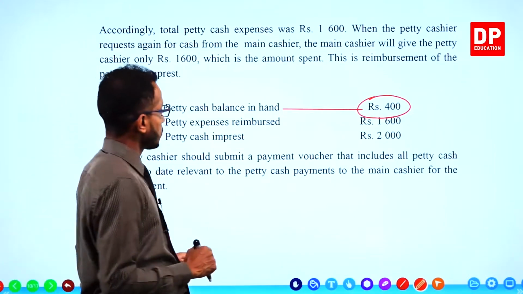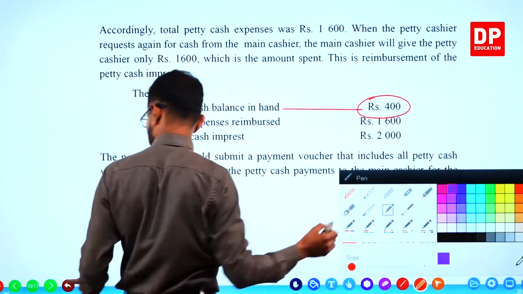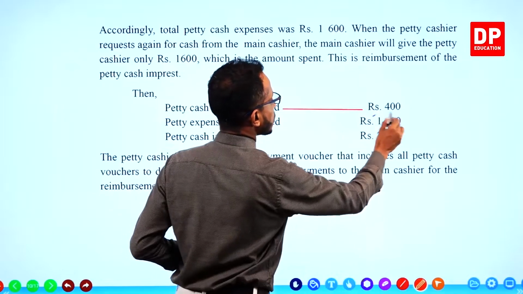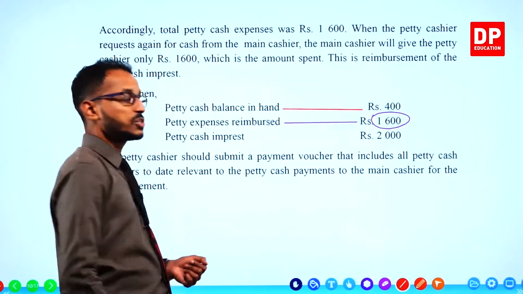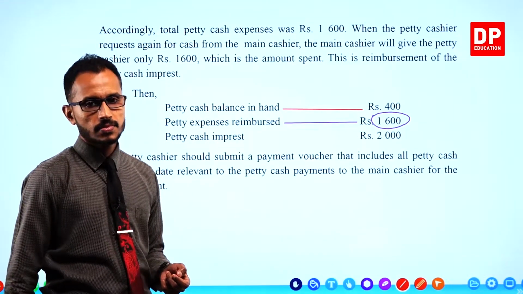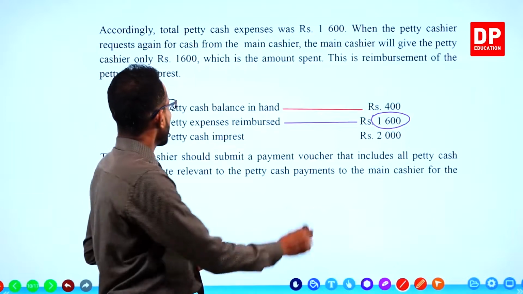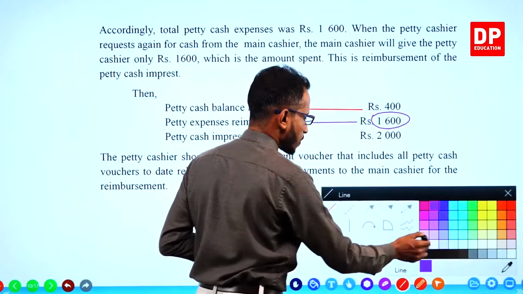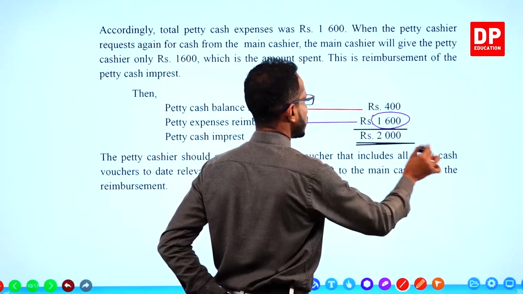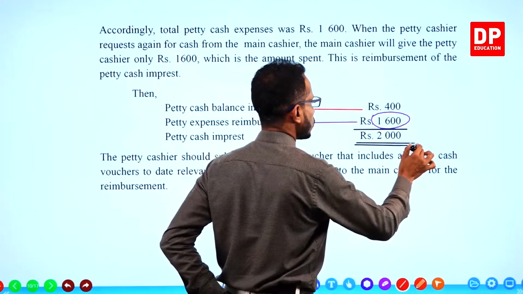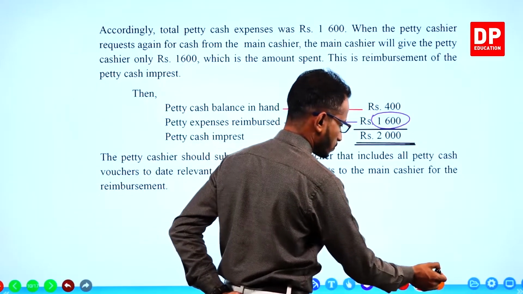So what is the reimbursement? Reimbursement is the same amount which was spent. This is the petty cash reimbursement, reimbursed in past tense. Again, the petty cash impressed comes up to the original impressed amount, which is 2,000.